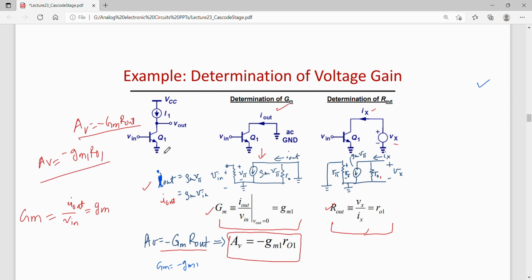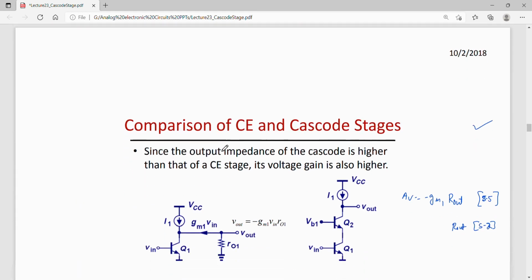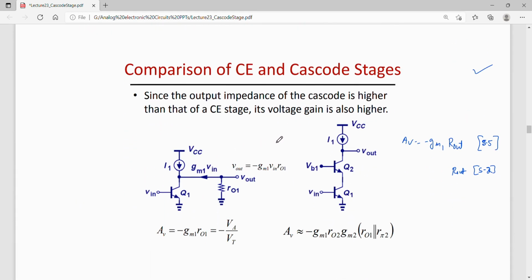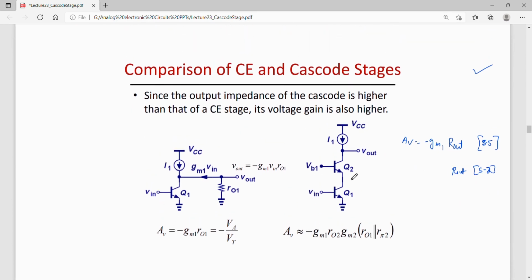Now the same procedure can be applied to find out the gain of a cascode stage. So for example, this cascode stage. The gain is again minus GM times R out.